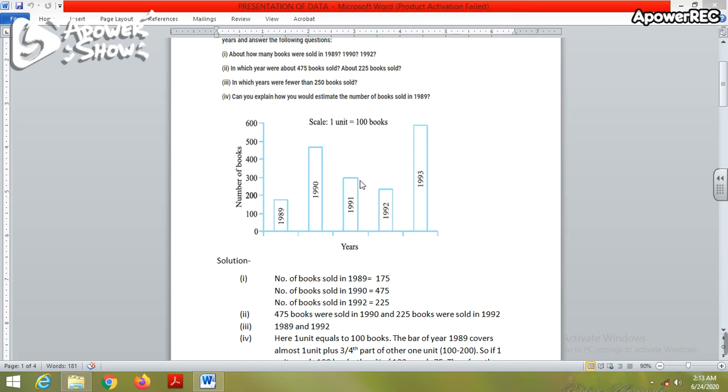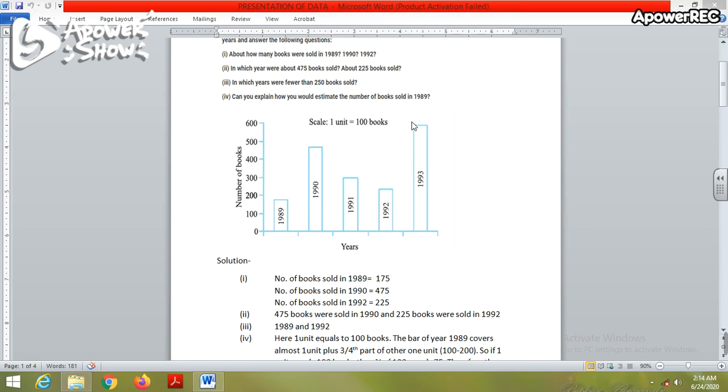In the year 1991 more than 250. Again you can also find out the value by drawing a line. In the year 1992, how many books were sold? 225. So this is less than 250.